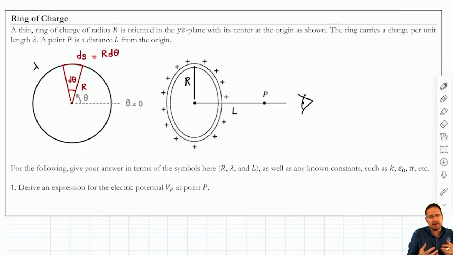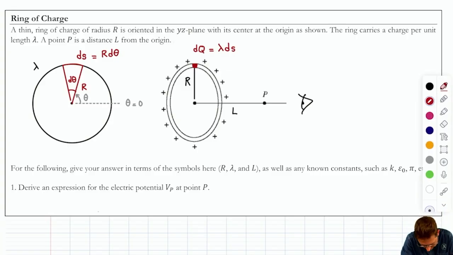And what I'm trying to get at is eventually we're going to integrate around the ring over theta to find the net electric potential at point P. But right now I want to be able to just use my little slice here of length ds, which therefore has charge dq, which is lambda times ds, because lambda is charge per length, so times the tiny length, I get the tiny charge dq.